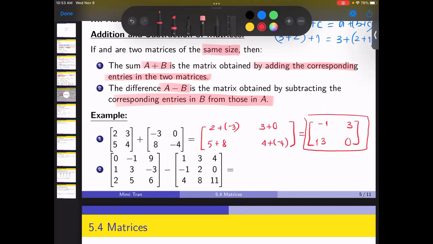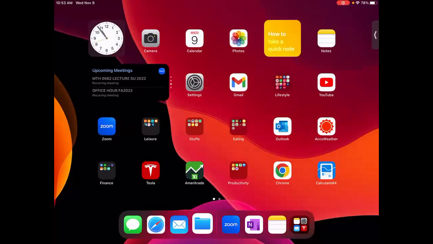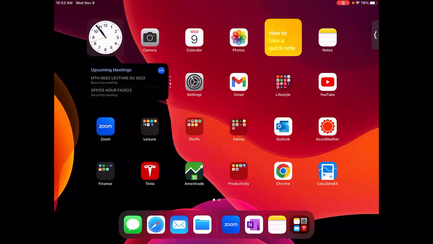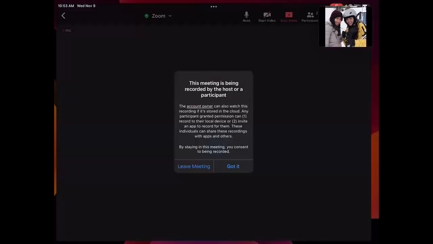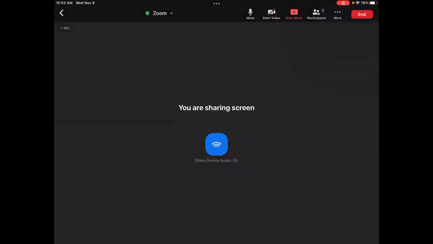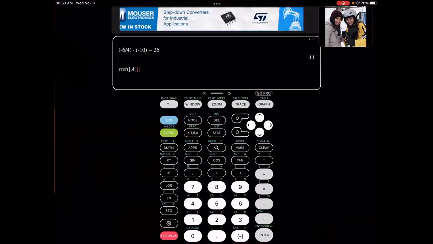Let me show you how to do this on the calculator. I'll use a second example to do that. I forgot to use it in the morning class. Am I still sharing? Yes. It still froze.